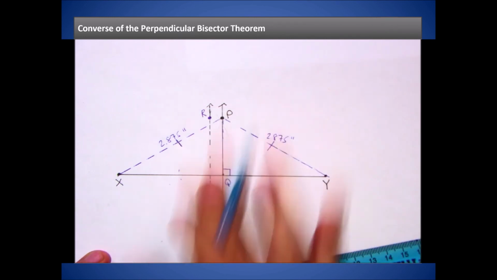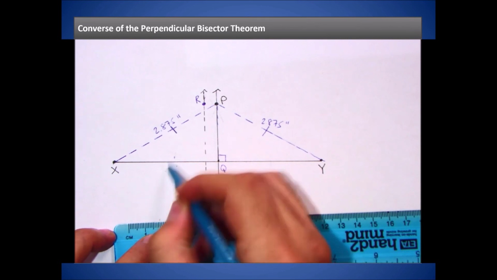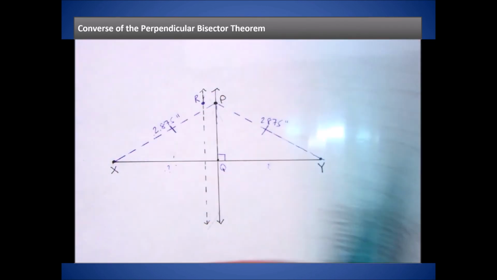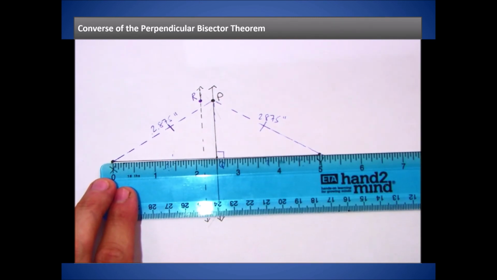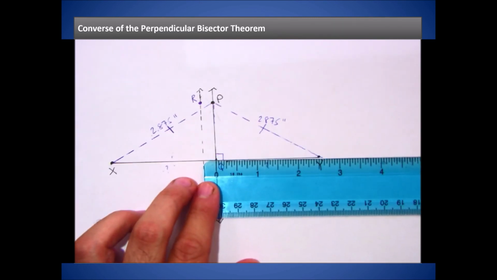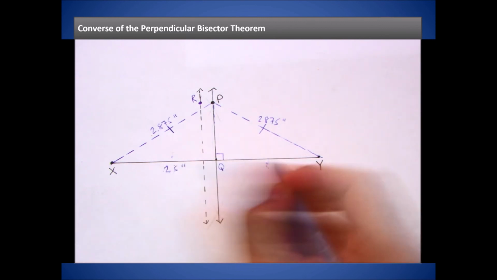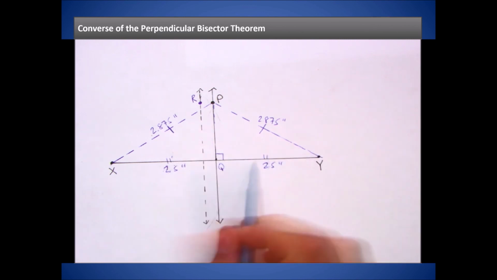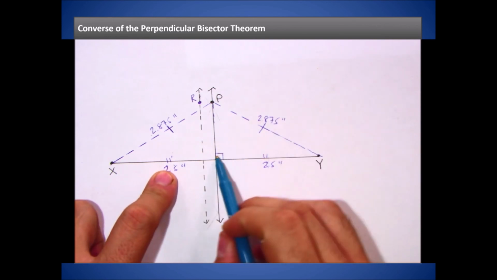We can measure that with the protractor like we did last time, and that these distances are the same, right? That's a question mark, but if we investigate further, that's 2.5 inches, that's 2.5 inches. So we know that those are the same, and so this must be true that this is identical, which means that this is a bisector, and that's a 90-degree angle.